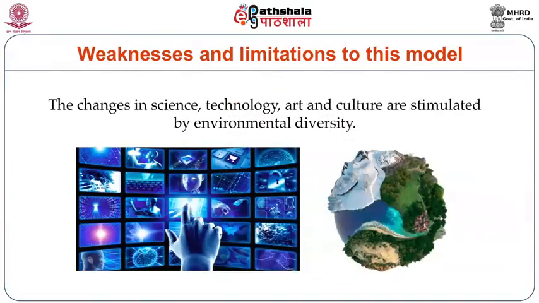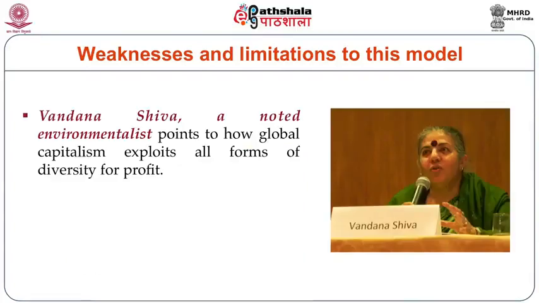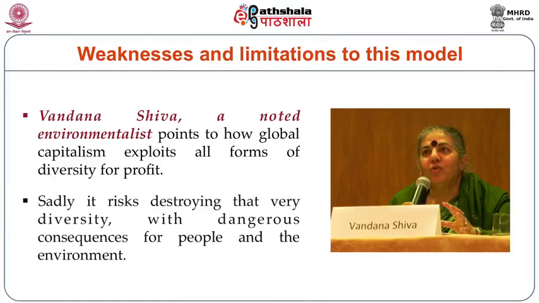So the changes in science and technology, art and culture are stimulated by environmental diversity. Vandana Shiva, a noted environmentalist, points to how global capitalism exploits all forms of diversity for profit. Sadly, it risks destroying that very diversity, with dangerous consequences for people and the environment.